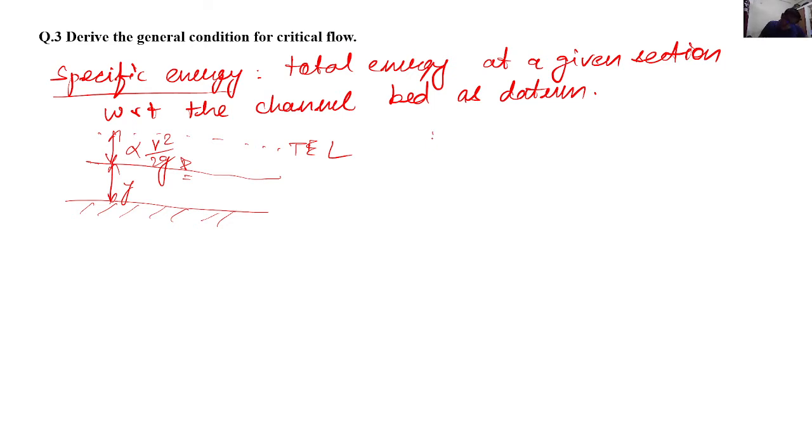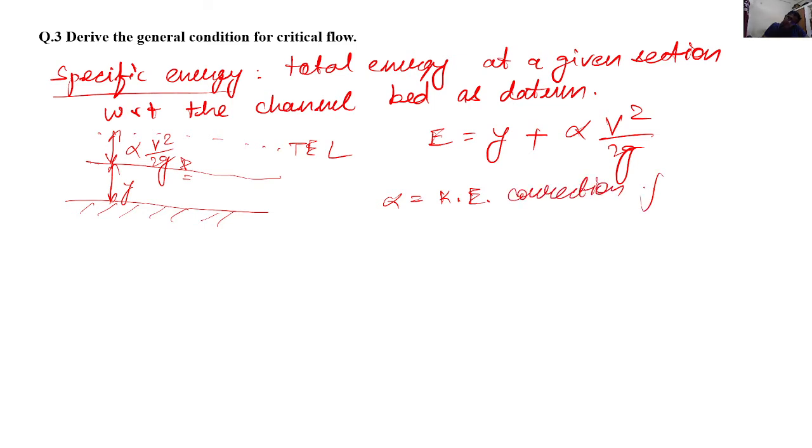So the specific energy is nothing but the total energy head, just by taking the channel bed as a datum. So it would be y plus alpha v square by 2g, and alpha here is the kinetic energy correction factor, because v is the average velocity.